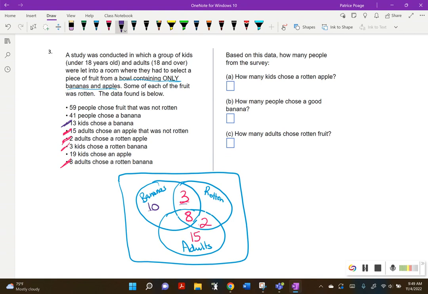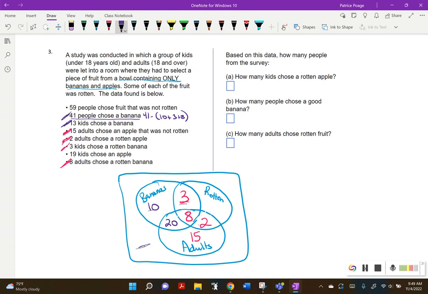Okay. Oh, and then we can go back up. 41 people chose a banana. So if we do 41 minus the numbers that are already in there, then we're going to get 20 right there. So then it says 19 kids, so they're not an adult, chose an apple.